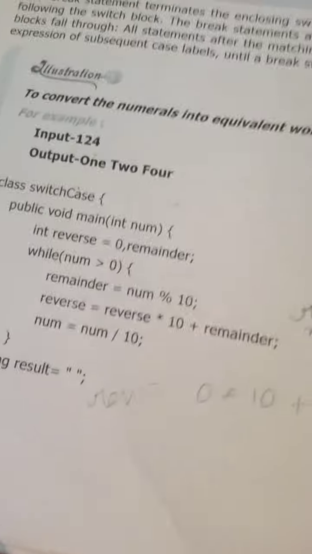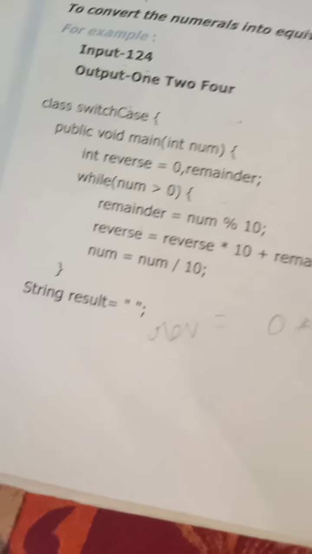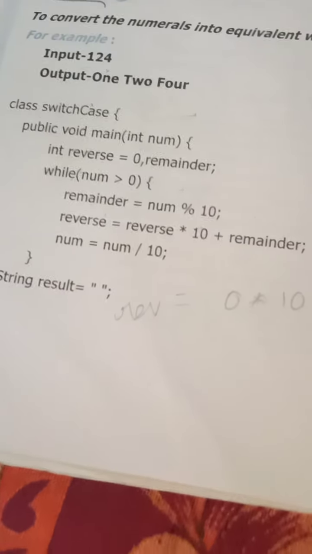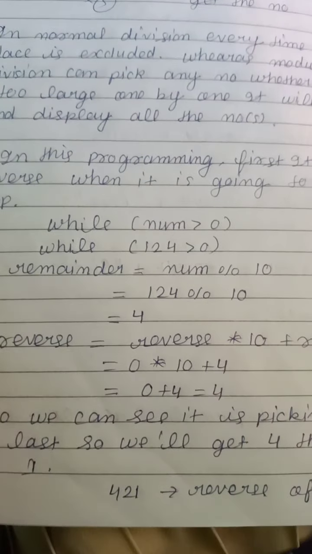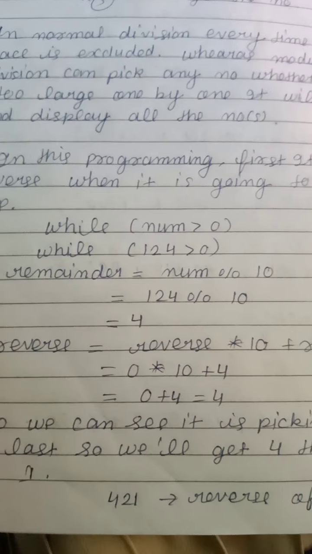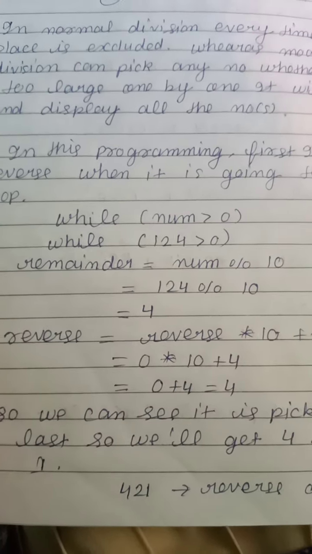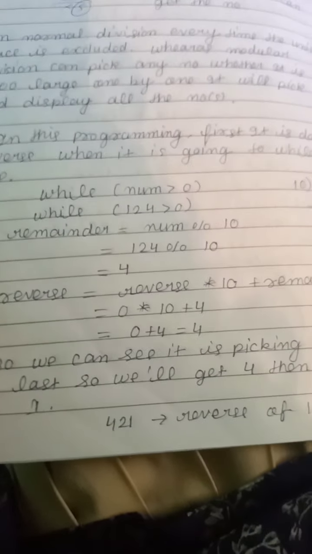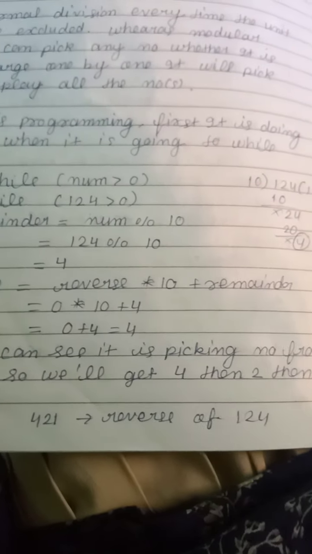In the programming first it is doing reverse when it is going to while loop. Here while num is greater than 0, then while 124 is greater than 0, remainder equal to num modulus 10, 124 modulus 10 which is 4, and reverse equal to reverse into 10 plus remainder.